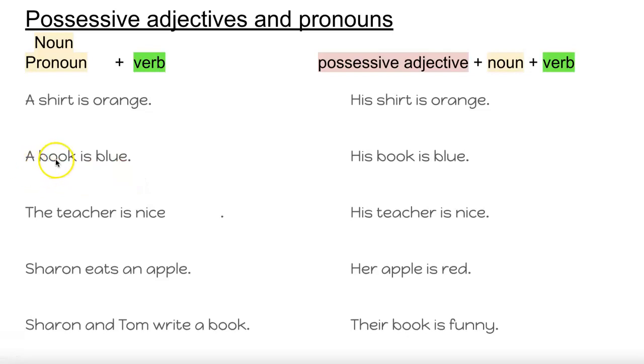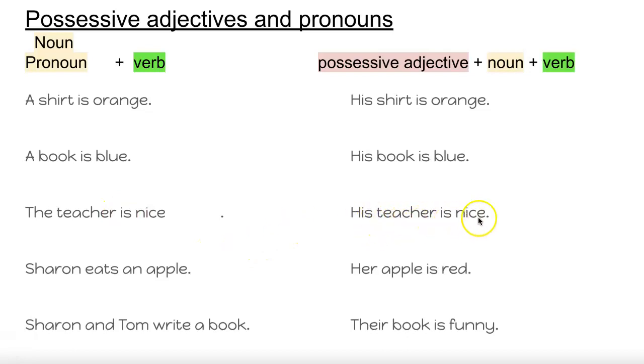All right. A book is blue. Noun, verb. His book is blue. Noun, verb. Possessive adjective. The teacher is nice. Noun, verb.